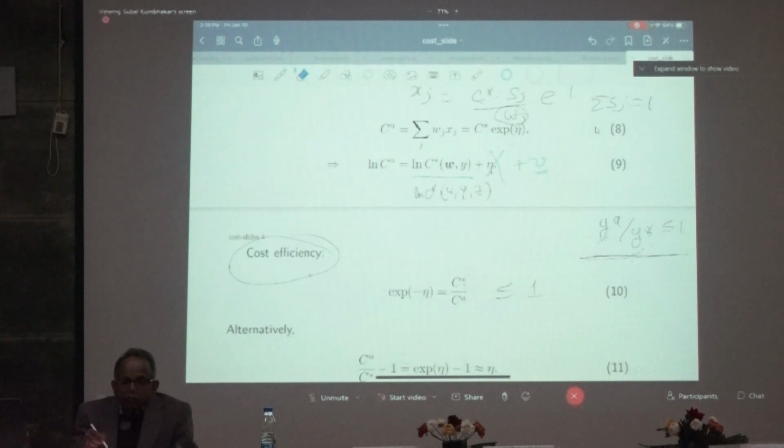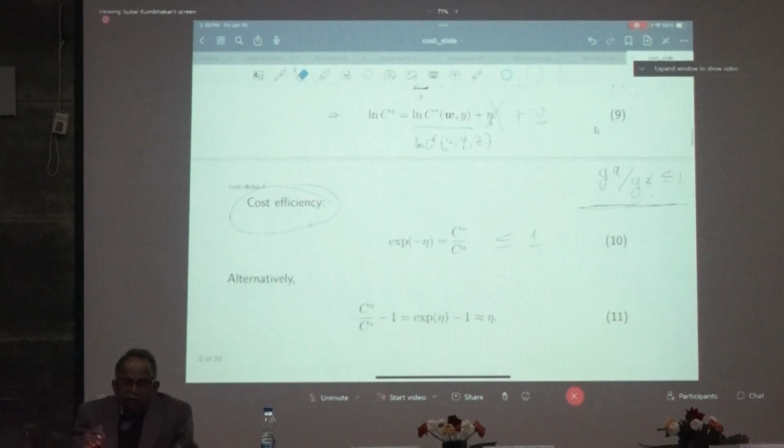Your actual cost can never be less than the minimum cost. It's always bigger or at most equal. So this ratio is again between 0 and 1, which is consistent with technical efficiency or output oriented efficiency.